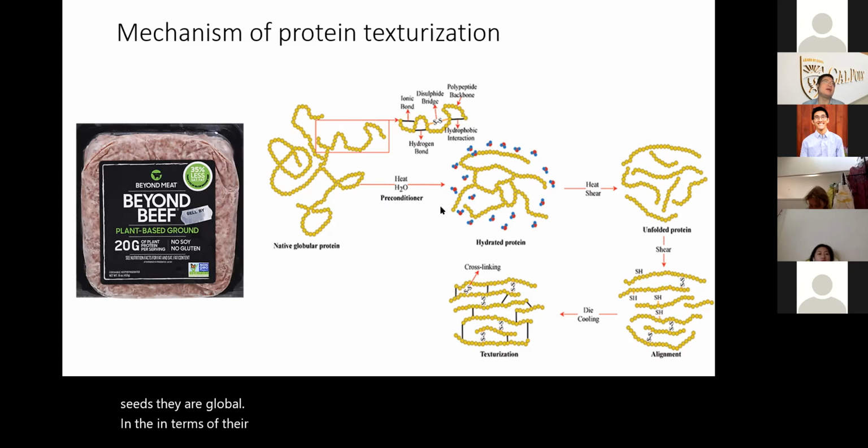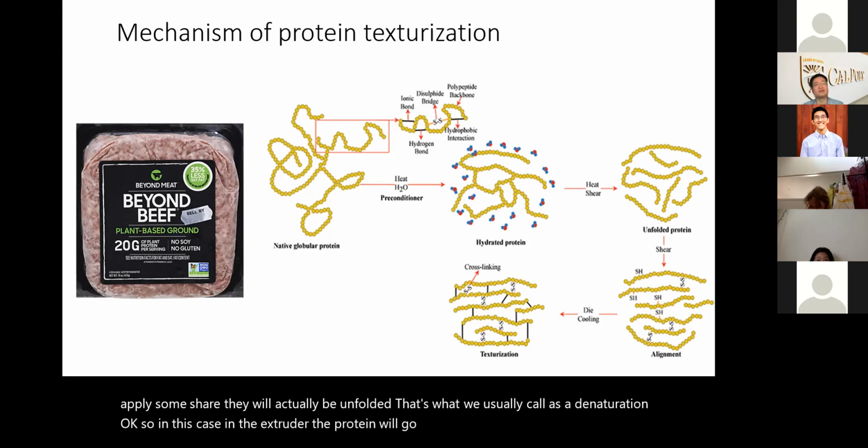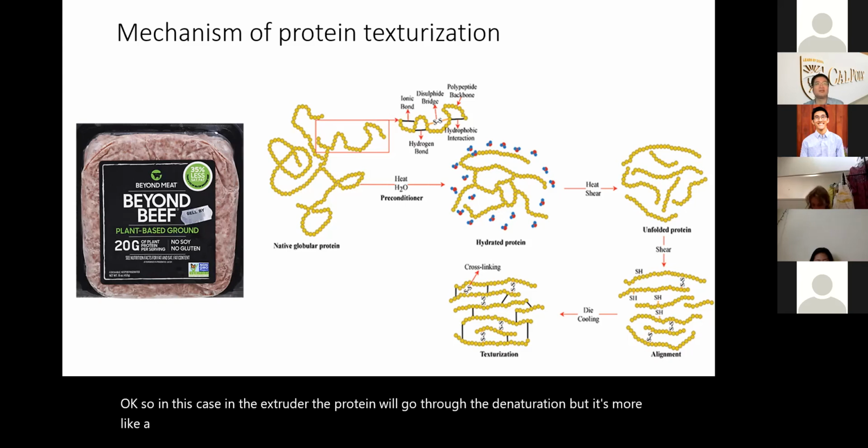And when we add a lot of water to hydrate it and apply some shear, they will actually be unfolded. That's what we usually call denaturation. Okay, so in the extruder, the protein will go through denaturation, but it's more like a guided denaturation. We want it to denature in a certain way that we have planned.